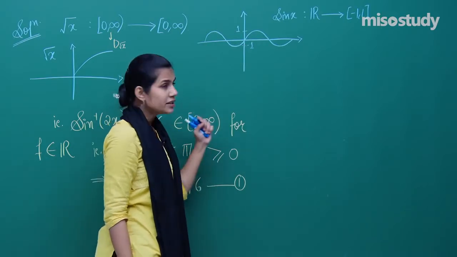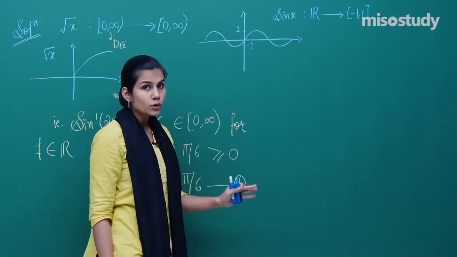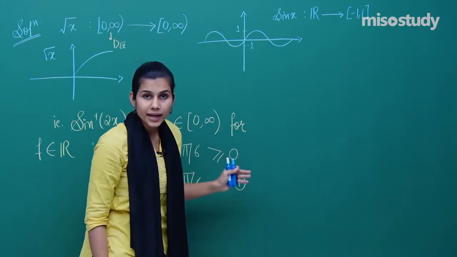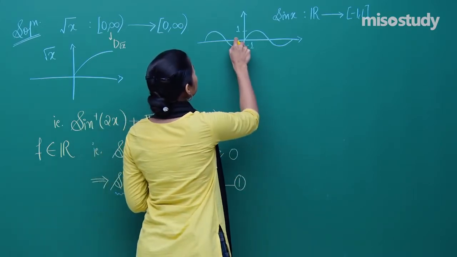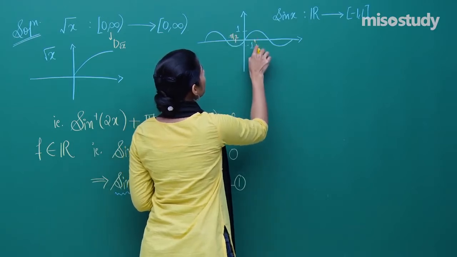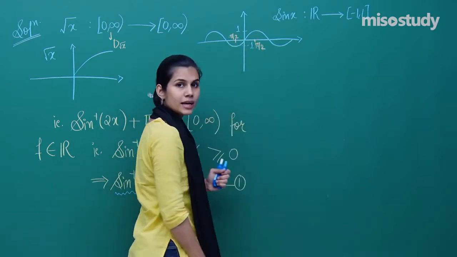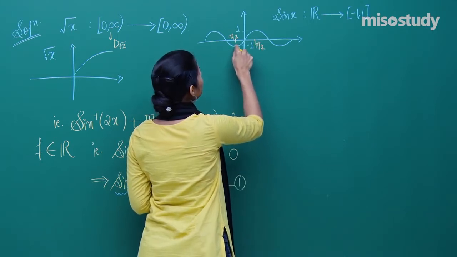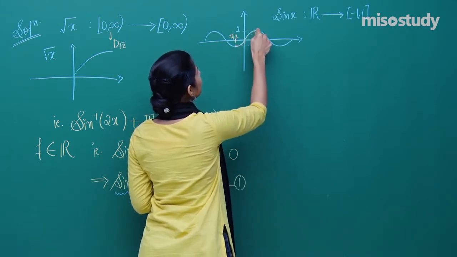That means over the real line the sine function is not 1-1. That is why we are going to restrict the domain to minus pi by 2 to pi by 2.